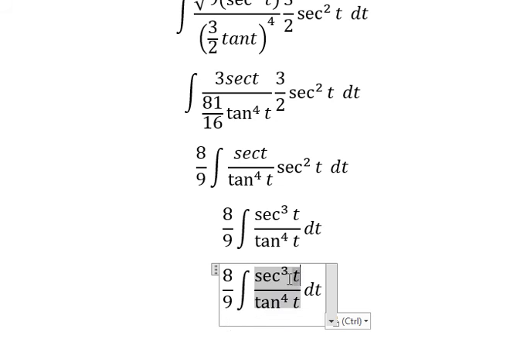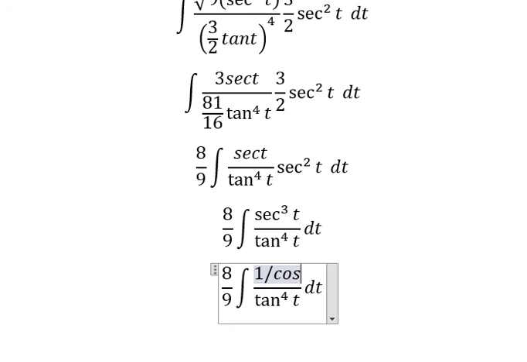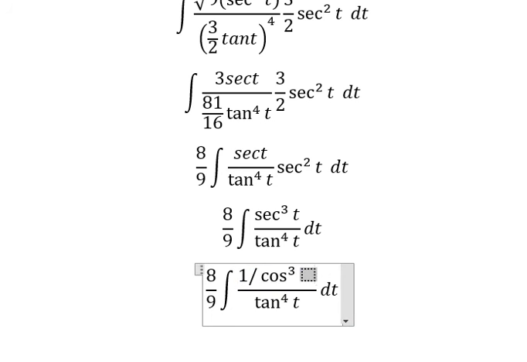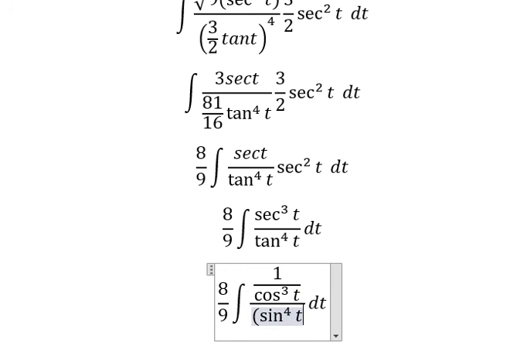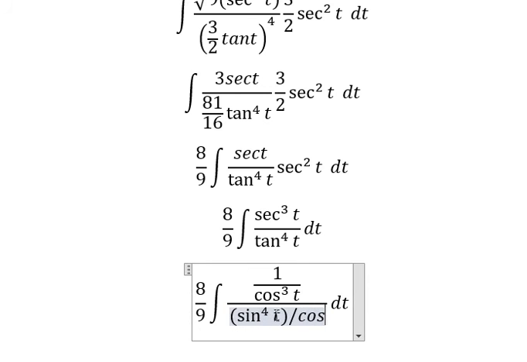This one, we have 1/cosine³ t. This one, we have sin⁴ t over cosine⁴ t.